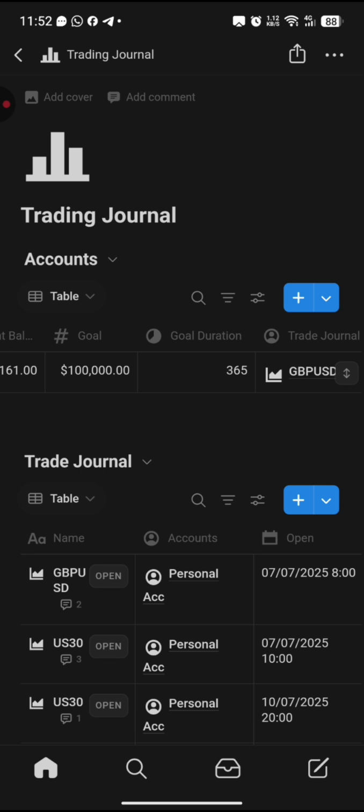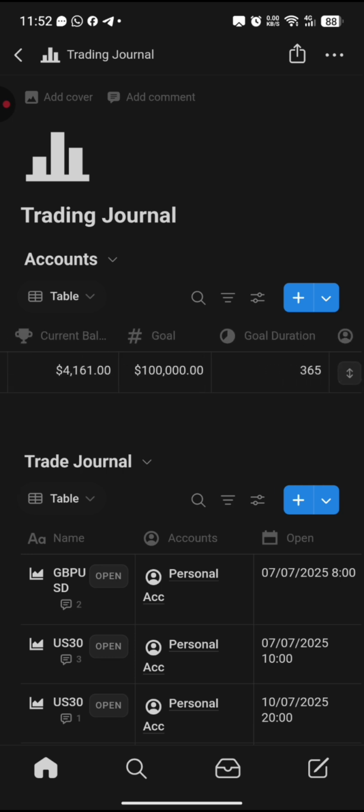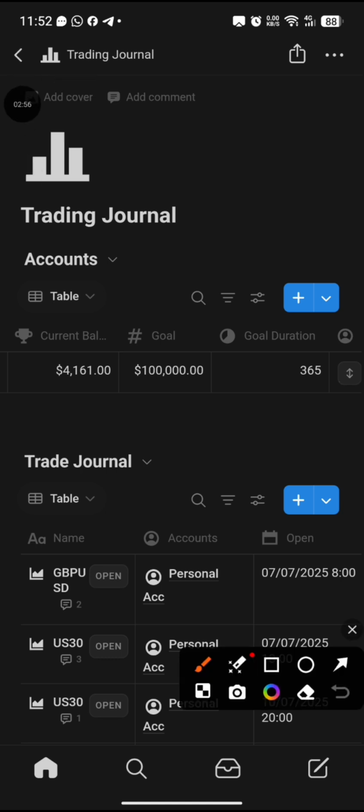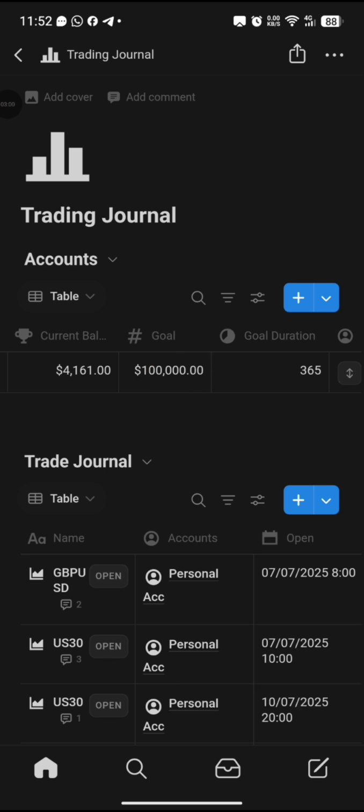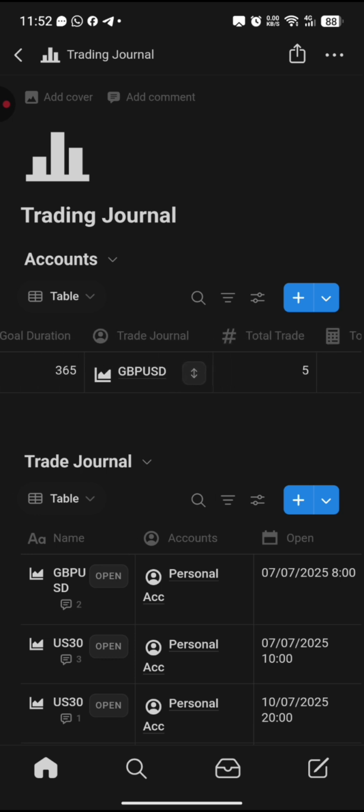Probably next year by this time we should have 100,000 in our account, or close to 100,000. It is not a fixed thing, but the main goal is to journal every trade and make sure we have something to present to our investors and all other people.